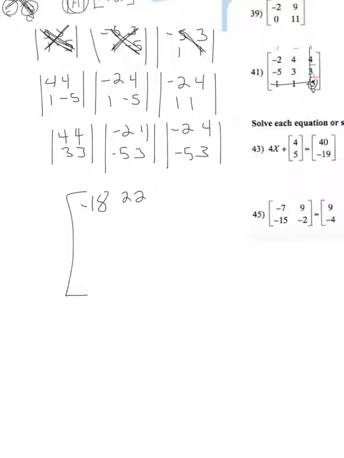Here I've got negative 5 minus 3, so negative 8. Here I've got negative 20 minus 4, so negative 24. Here I've got 10 minus 4. Here I've got negative 2 minus 4, negative 6. Here I've got 12 minus 12, okay, an easy one, 0.